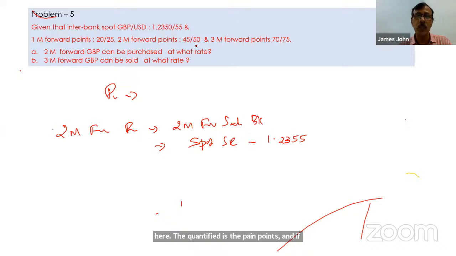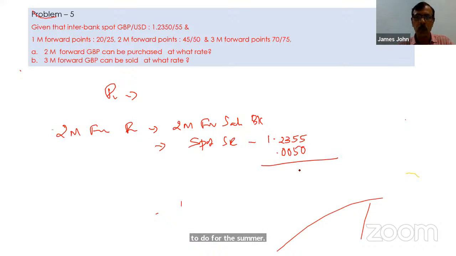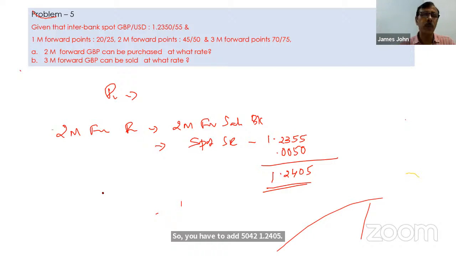Here it is selling, so you take 50. Nowhere is it mentioned paise, so you have to convert it to 4 decimals. You add 0.0050 to 1.2355, and the answer is 1.2405.